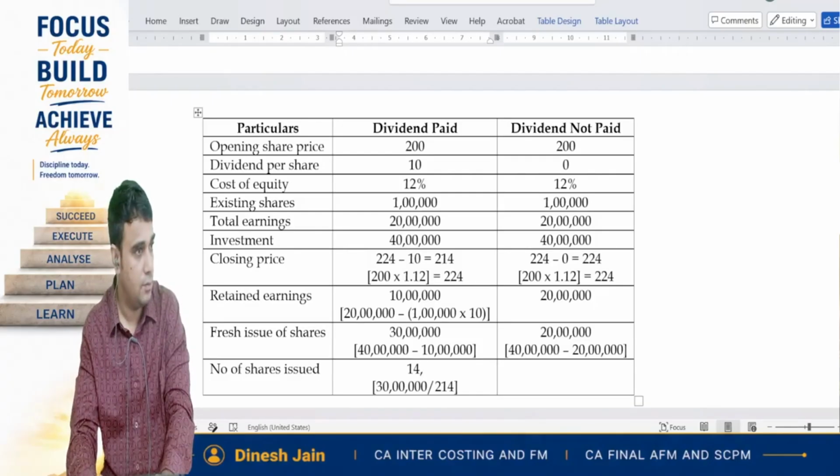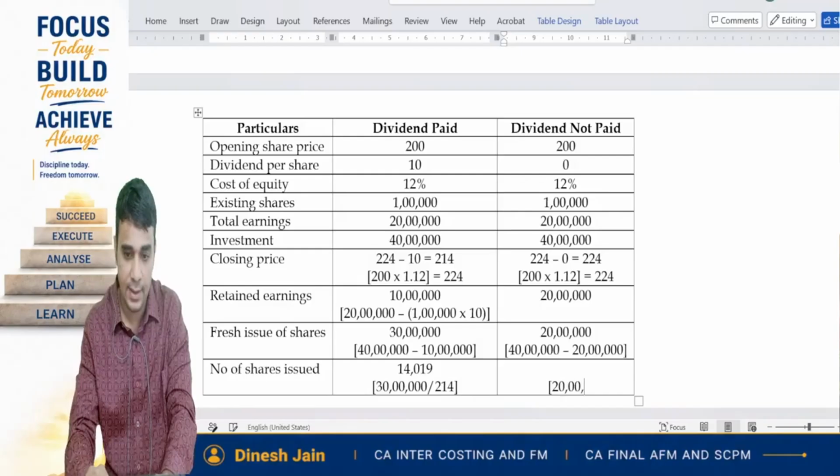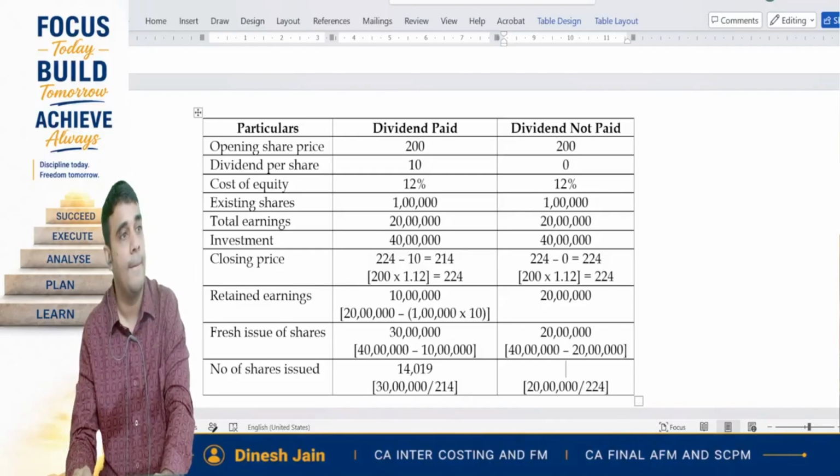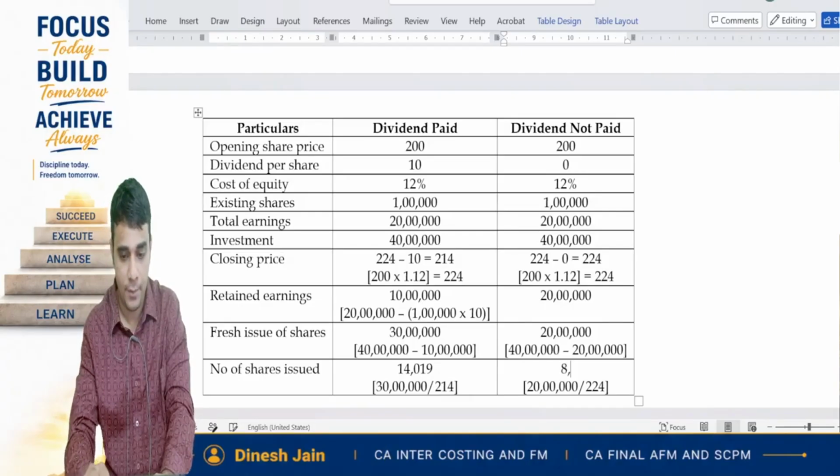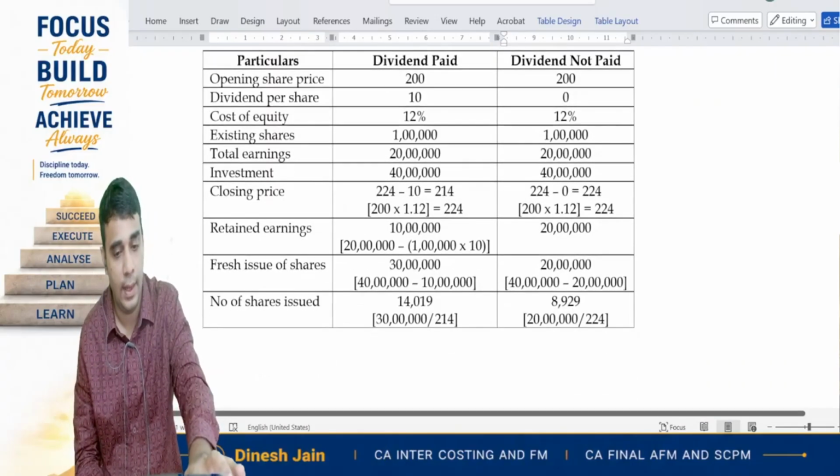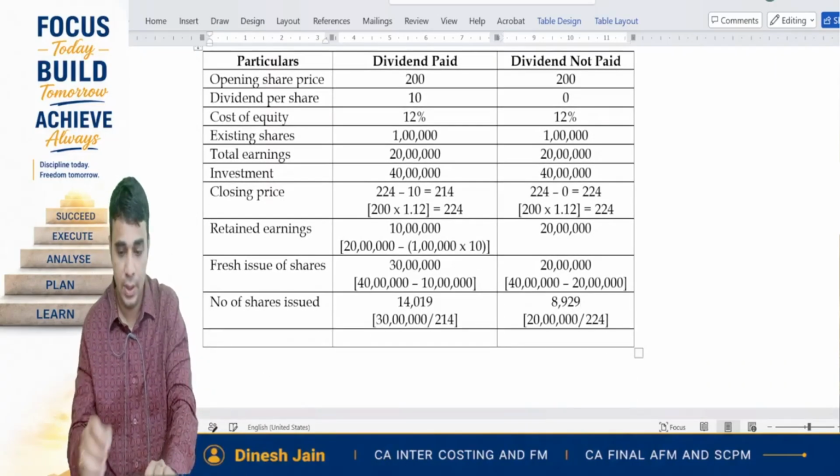Okay, 1.4019 lakh. And 20 lakh divided by 224 is 0.8929 lakh. Okay, 8929 is the number of shares issued.